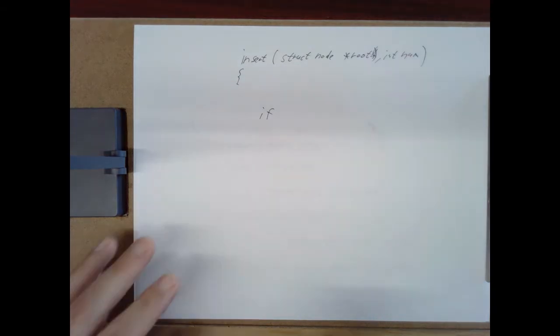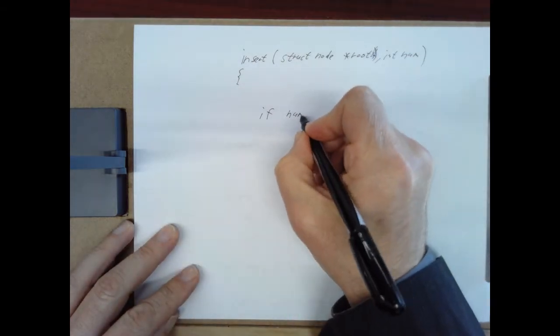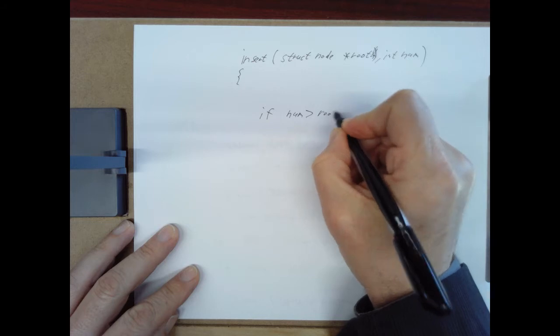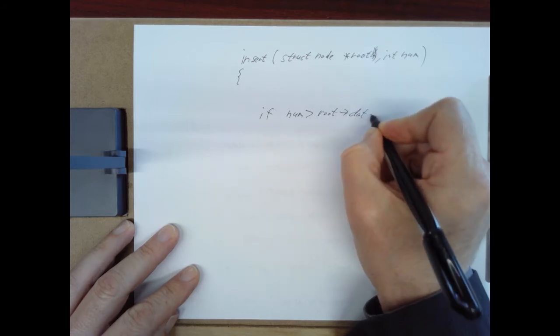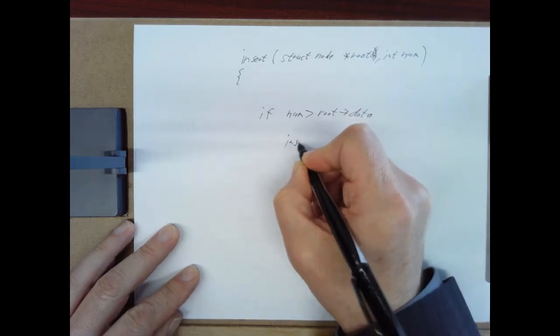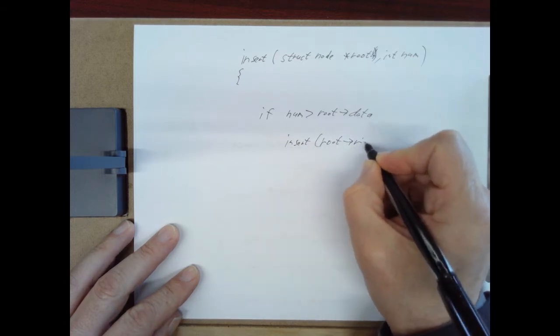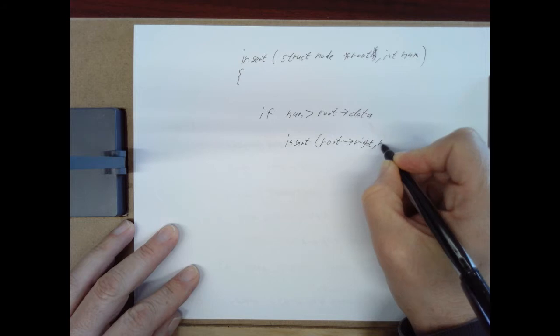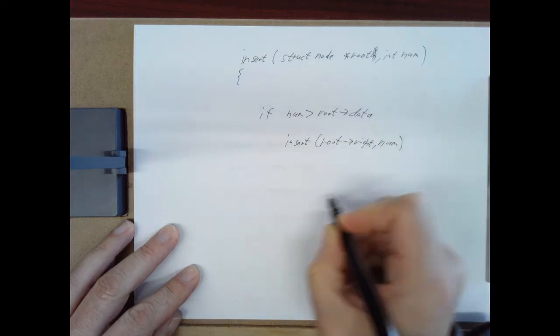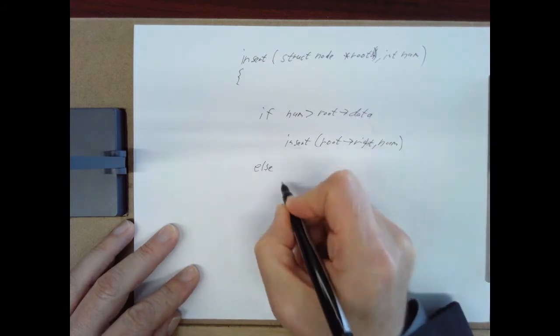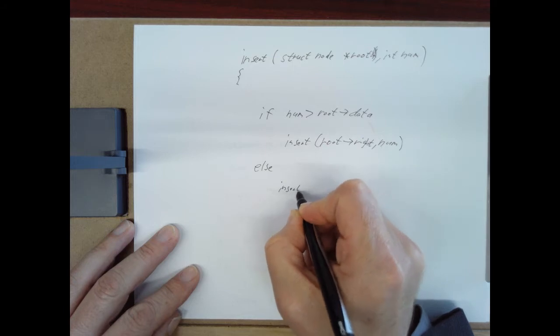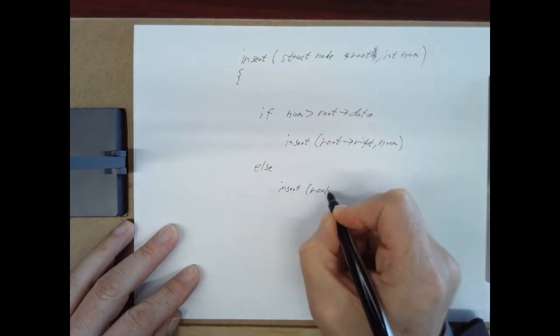Okay. So if number is bigger than root data, insert our number into the right subtree. Otherwise, insert our number into the left subtree.